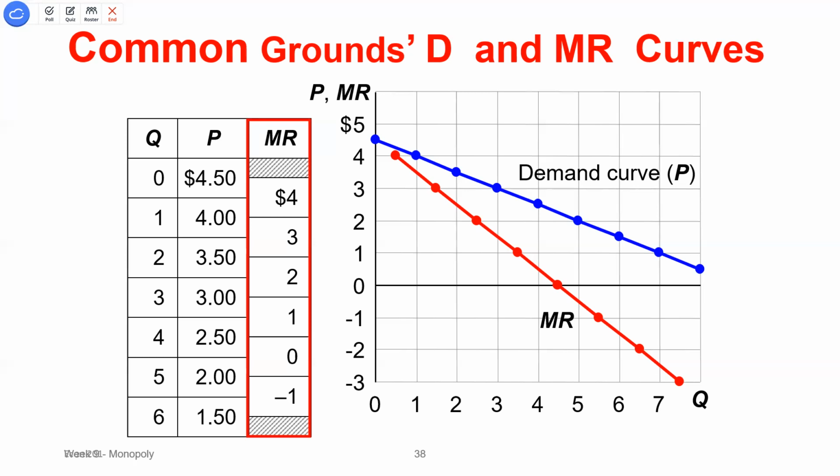I'm not trying to complicate it, but because it's related to something we've already talked about, it might make it a little bit easier to understand. In general, the elastic portion of our demand curve was up at the top, and the inelastic portion was at the bottom, right?